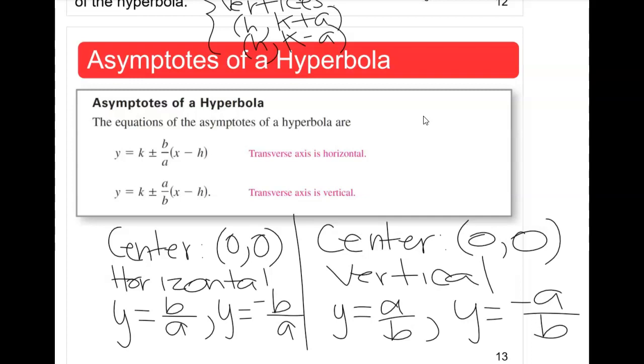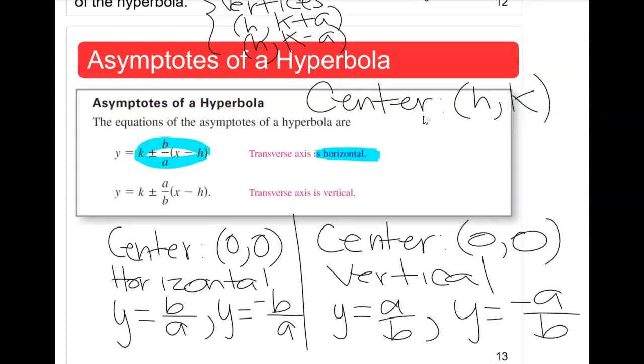So if you do happen to have a center that is not at the origin, with the center at h, k, then you have to follow this formula. So for horizontal, you will consider k and h, and for vertical, same thing, you will consider k and h.